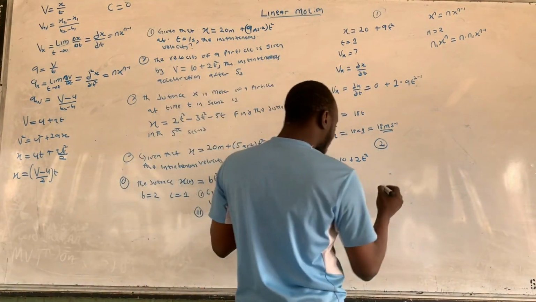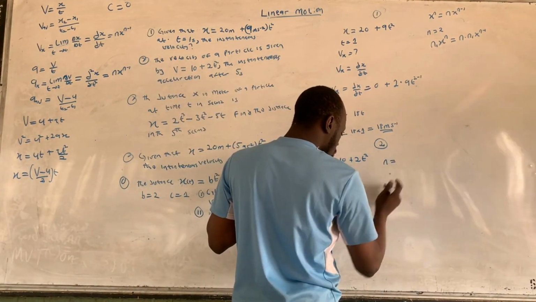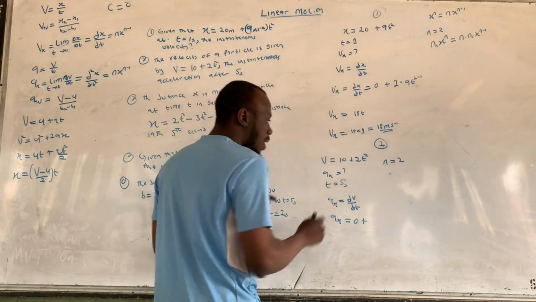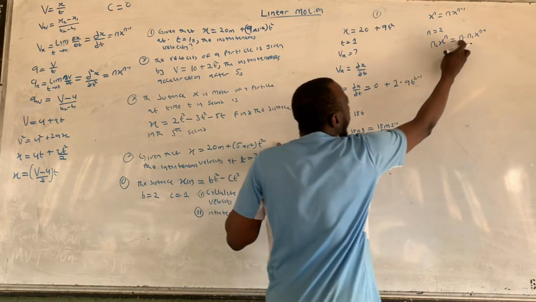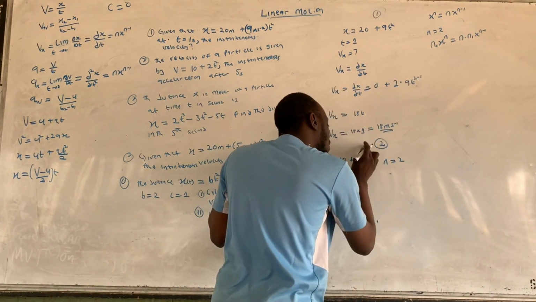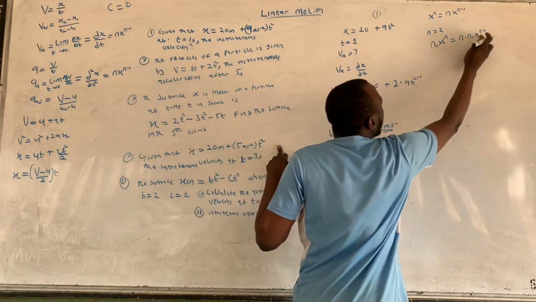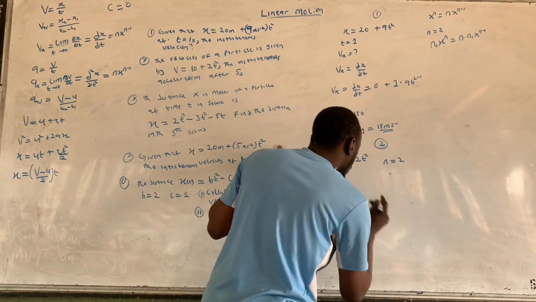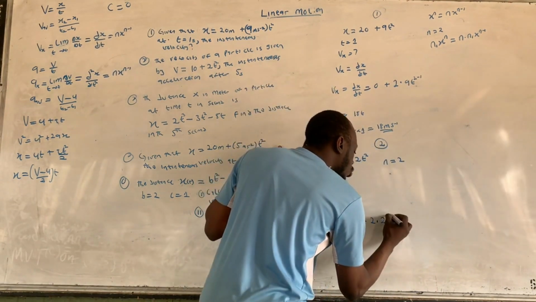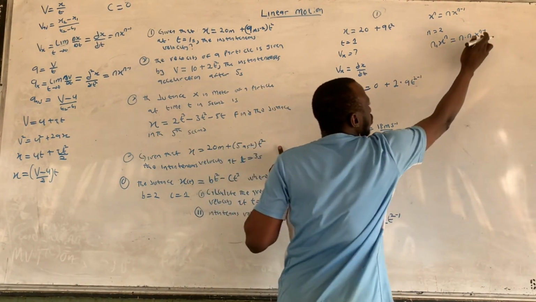Here we have our n equals 2 again, the power in this equation. So now we say 2 here as our n times n1 x, meaning 2t, meaning 2 minus 1, just like in this case.